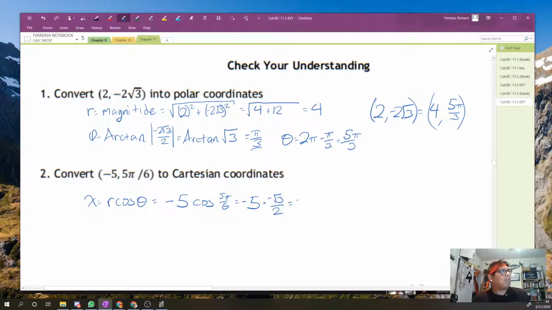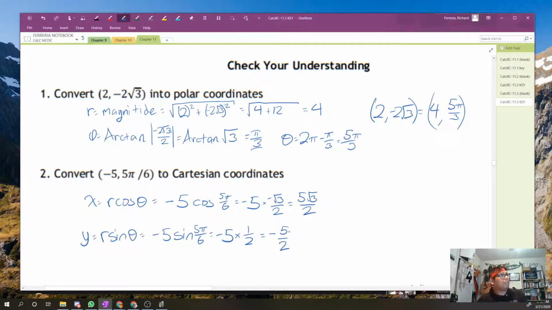So the x-coordinate is 5 root 3 on 2. How about the y-coordinate? That's equal to r sine theta, which is negative 5 multiplied by the sine of 5 pi on 6, which is negative 5 multiplied by 1/2. That's equal to negative 5 over 2.